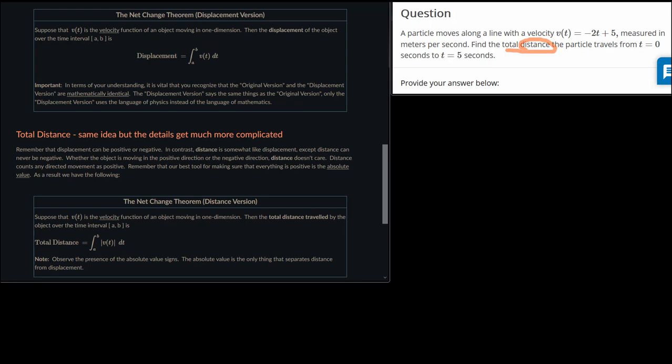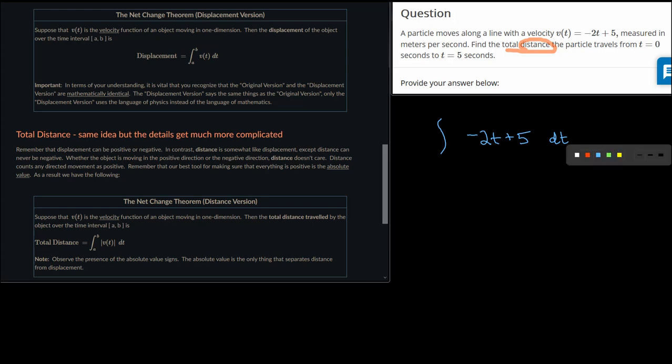So that's the hardest part of this, I think. This gets a little bit tricky once we set it up. Setting it up is pretty easy. We're just going to say it's the integral of negative 2t plus 5 dt.